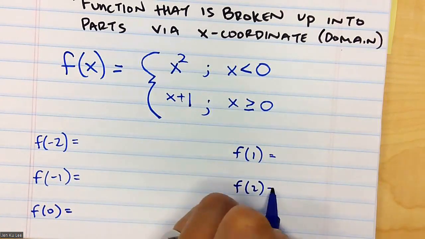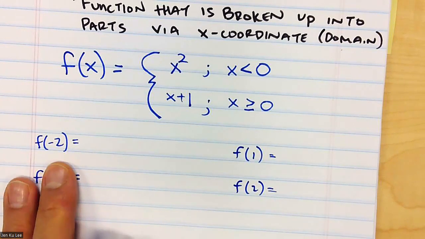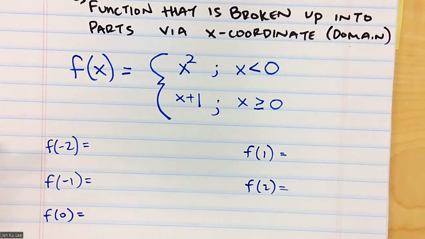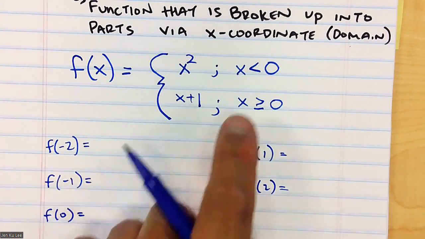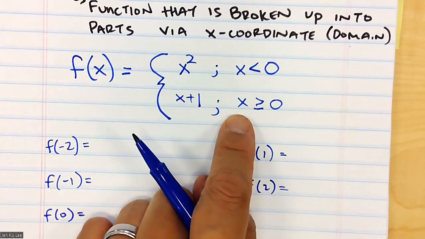So f of -2, remember that this number here, the -2, is your x value, your x coordinate. So we're going to plug in -2 into this one or this one.